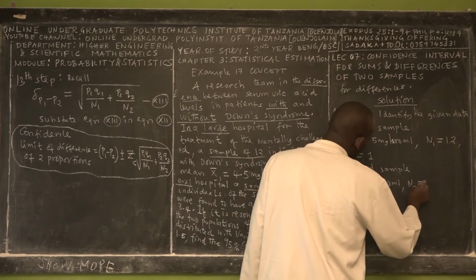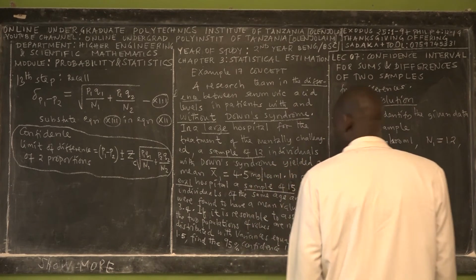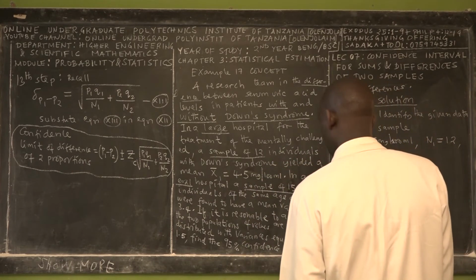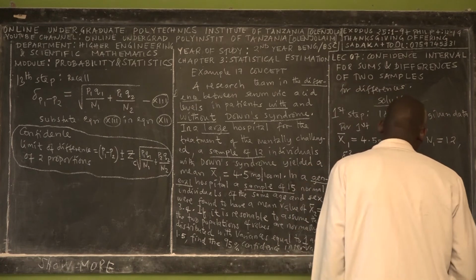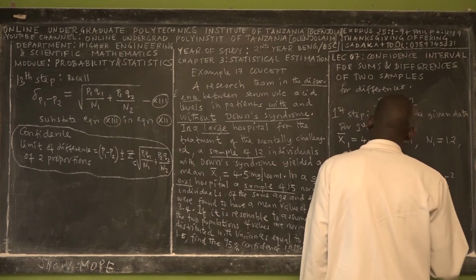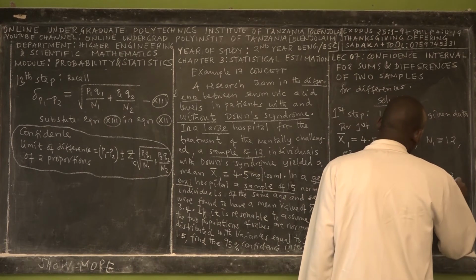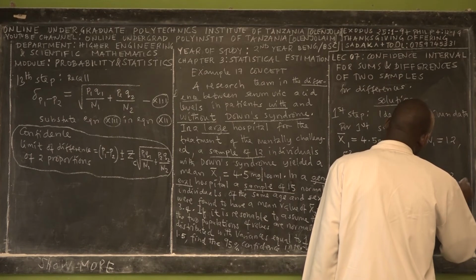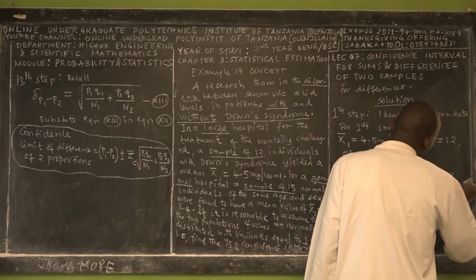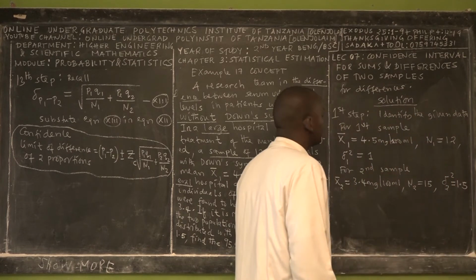The sample size is 15. Then the variance is 1.5.